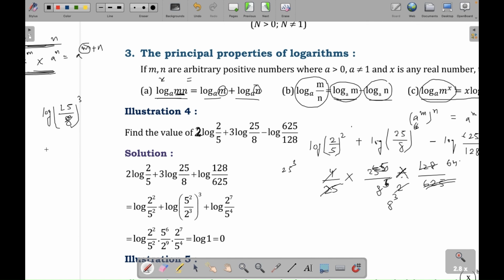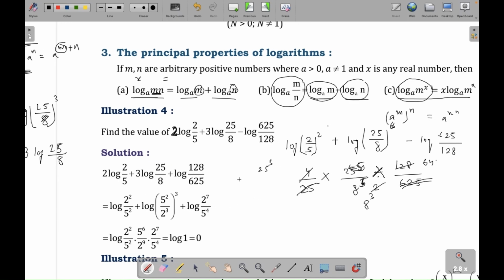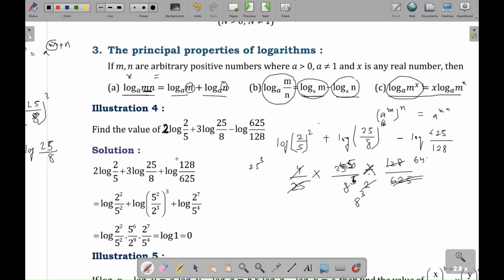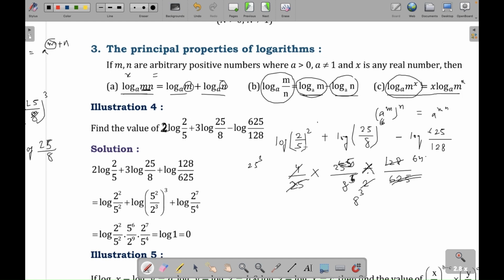And then you can write 3 log 25 upon 8. How come they are getting log 1? Did we do something wrong here? So 2 square upon 5 square, we did it correctly.